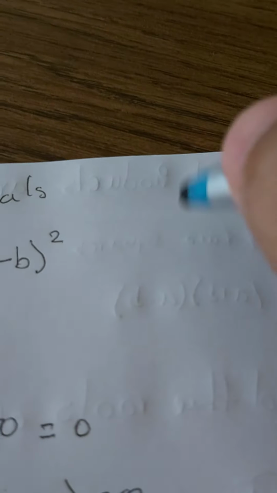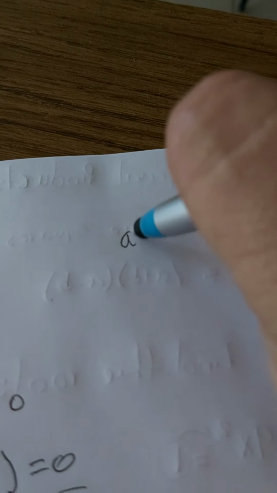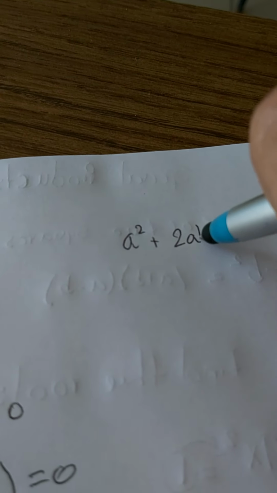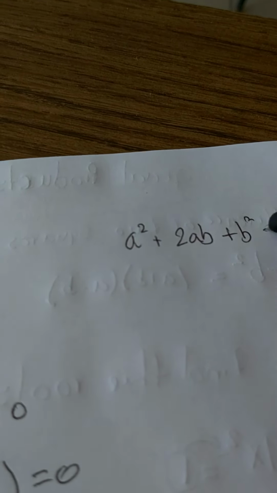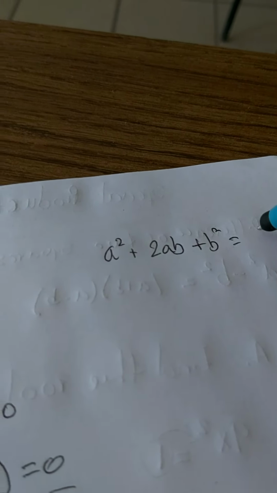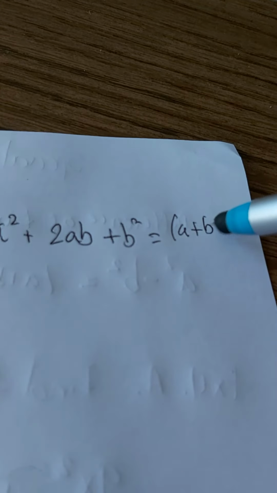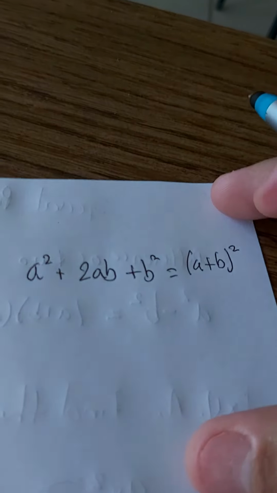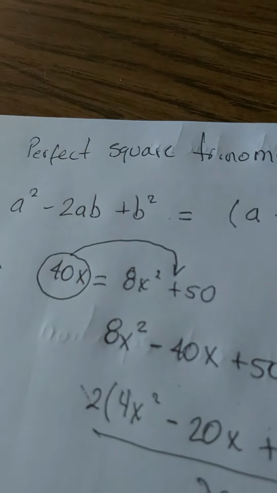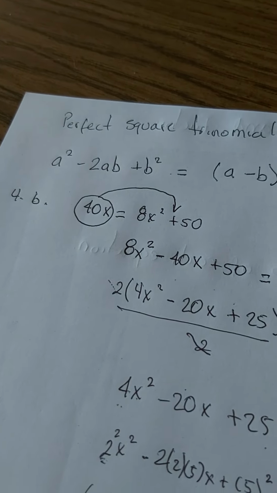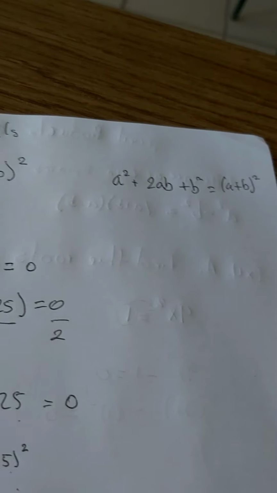This is the same for the special product or factors a squared plus 2ab plus b squared, that is equal to (a plus b) squared. Okay? It is similar to that. A minus b squared, a plus b squared. Okay?